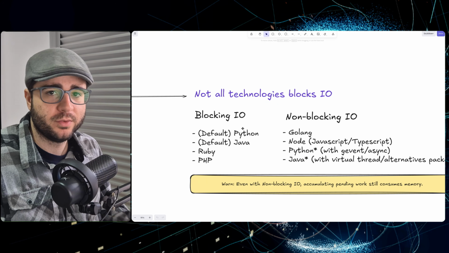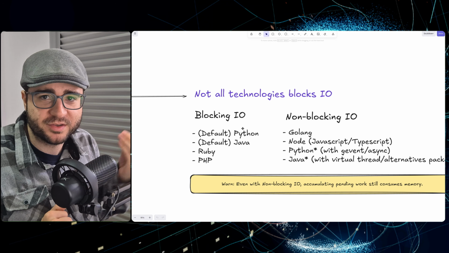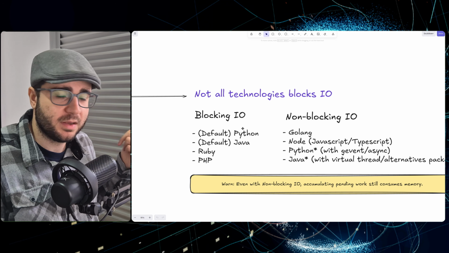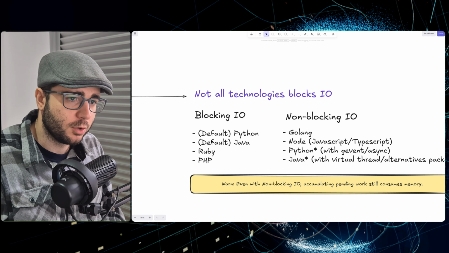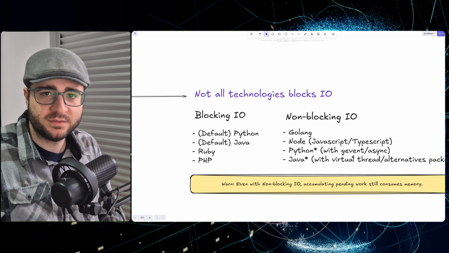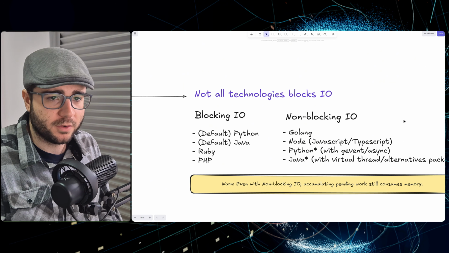Notice that not all technologies, languages, stacks are going to get stuck when working with I/O. For example, Python and Java by default will block all the I/O operations that we do. Ruby, PHP as well, same thing. But we have technologies like Golang, Node, and even Python with gevent or the async Python library, and Java as well with other alternatives.